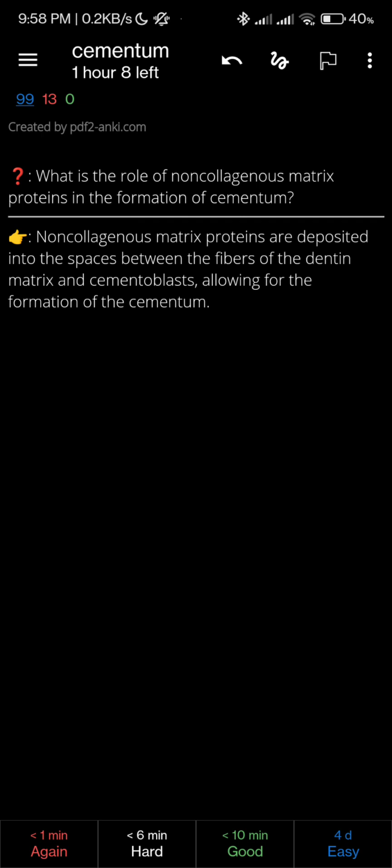Non-collagenous matrix proteins are deposited into spaces between the fibers of dentin matrix.